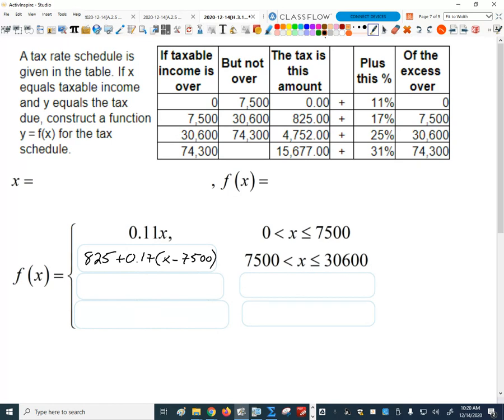Okay. 4,752 plus 0.25 times 3,600. Oops, why did I put 0.12?